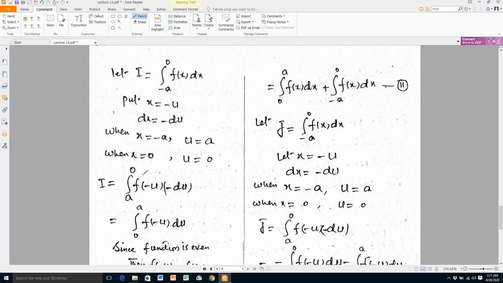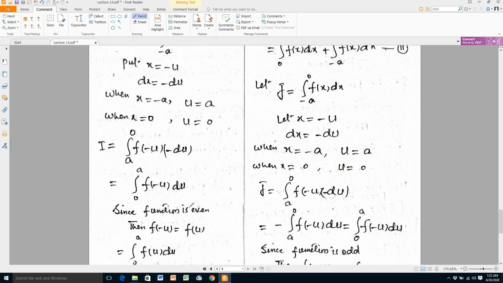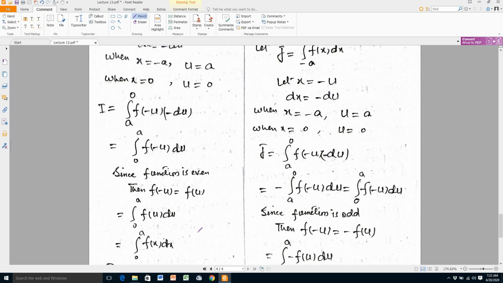With the help of this negative sign, I change the limit order. From 0 to a, f of minus u du. Since we know that the function is an even function, f of minus u is equal to f of u. So from 0 to a, f of u du.